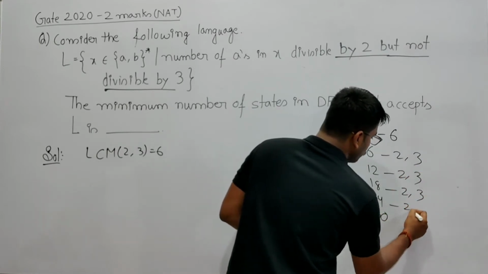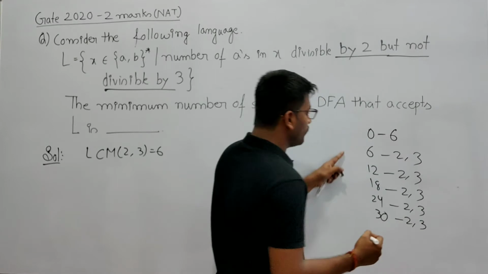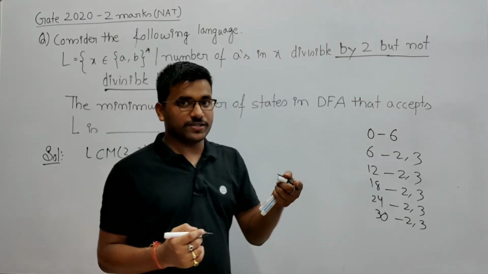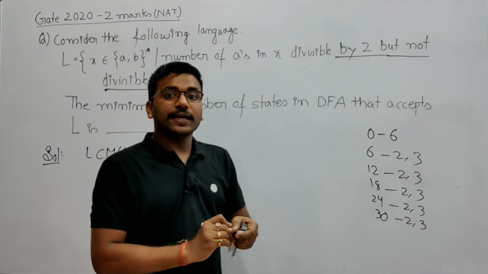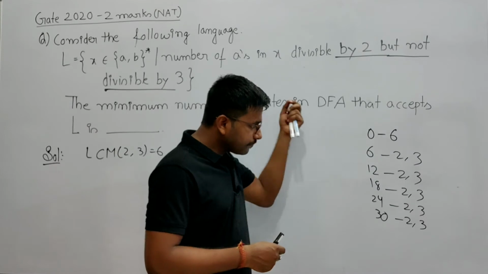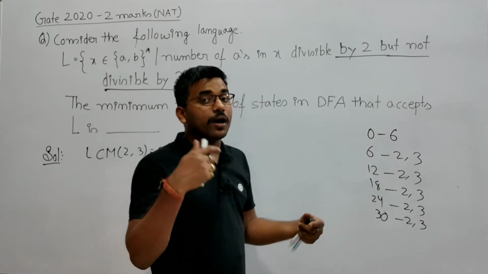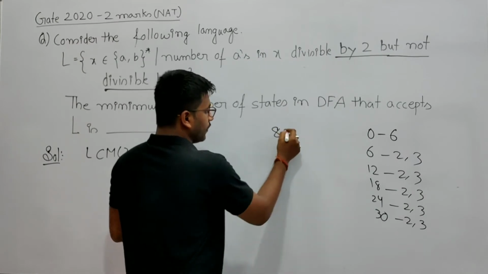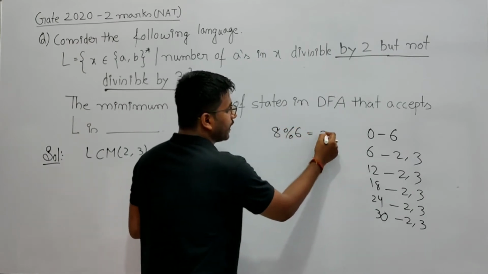So what we will do is construct a minimal DFA for divisibility by 6, and we will not make Q0, remainder 0, the final state, because we don't want the number to be divisible by 6. We want only numbers divisible by 2. If you take any number like 8 and divide by 6, you get remainder 2.